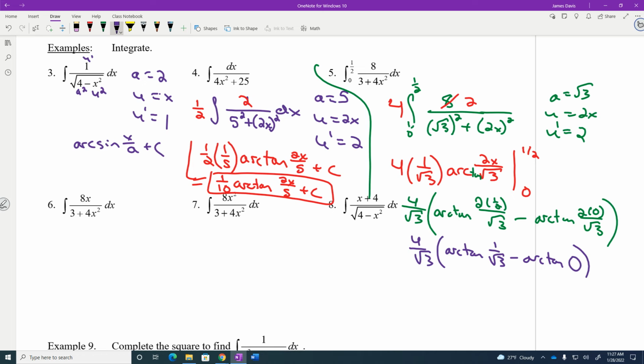Now tangent's a little bit more challenging, right? Because you have to think sine over cosine, so the y coordinate over the x. Basically, what we're asking is, what y over x equals 1 over radical 3?